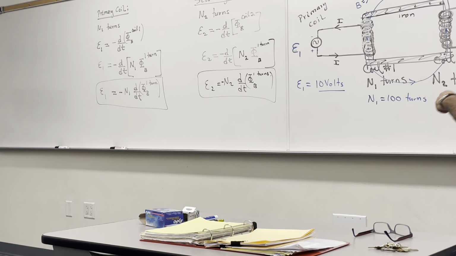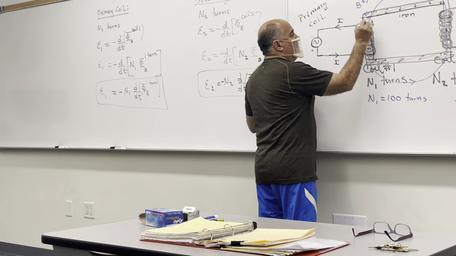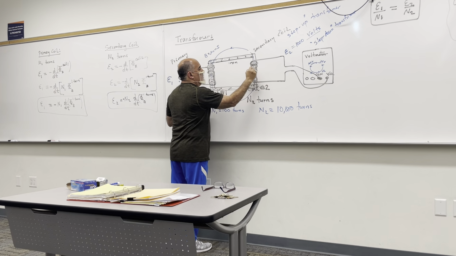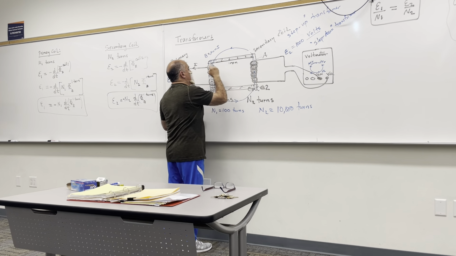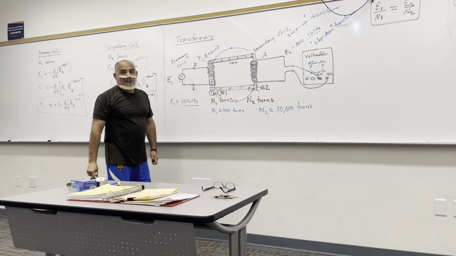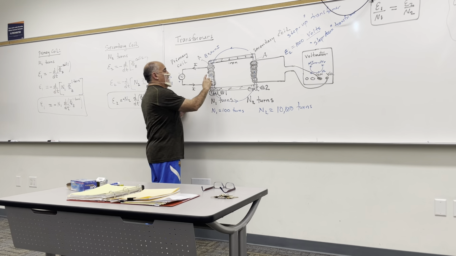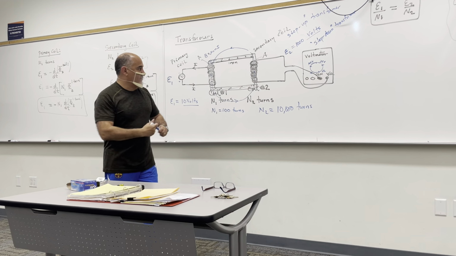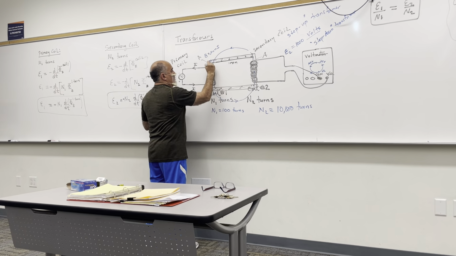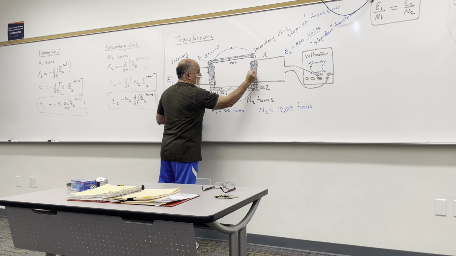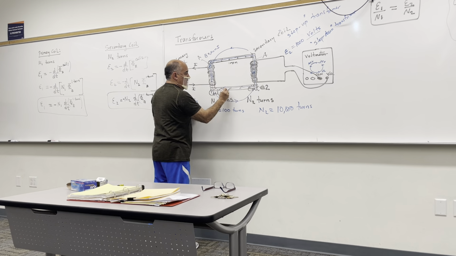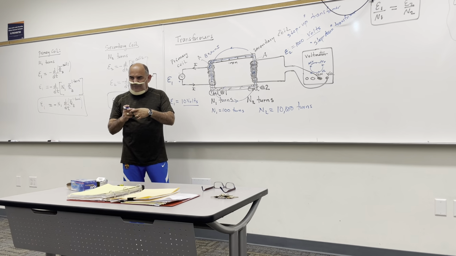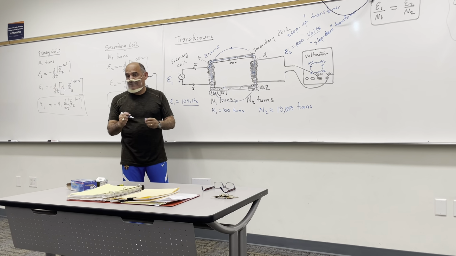Now, you'll see that the area of each one of these turns or loops of this coil is the same as this area. And if you manage to channel all of this magnetic field successfully through coil number 1, then same magnetic field, same area, the magnetic flux through each turn is going to be the same.